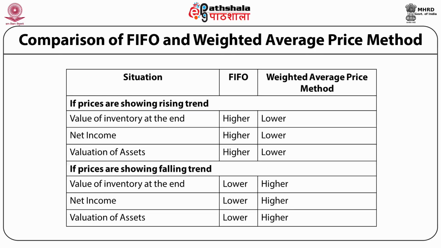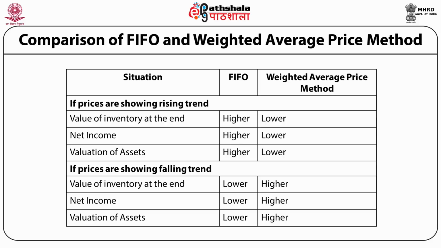Comparison of FIFO and weighted average price method is shown with the help of the table. The table shows two situations: first, if prices are showing a rising trend, and second, if prices are showing a falling trend.